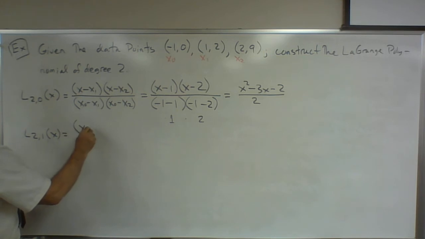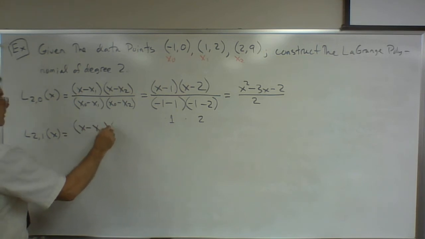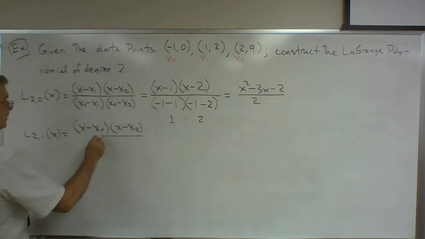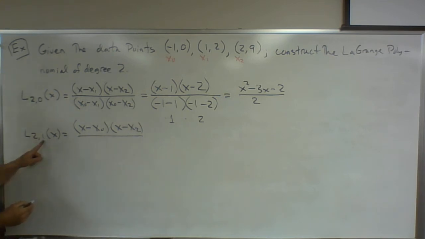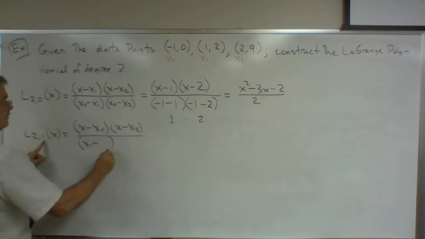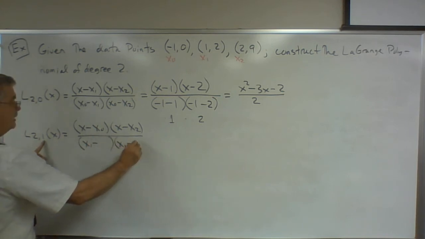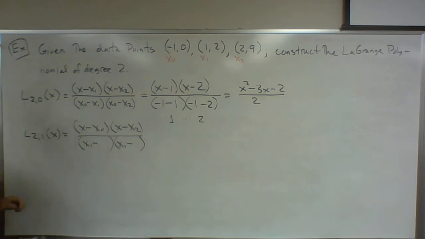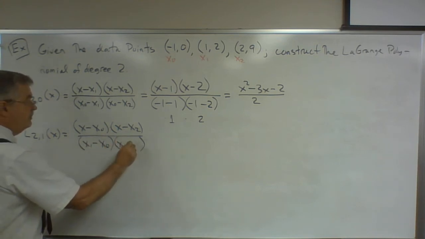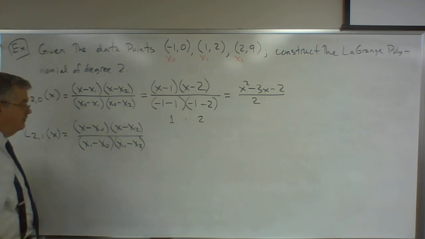So we'll have x minus x0, x minus x2. And since the subscript is 1 here, we'll have x1 minus whatever, x1 minus whatever. And whatever goes here up top goes here on the bottom.